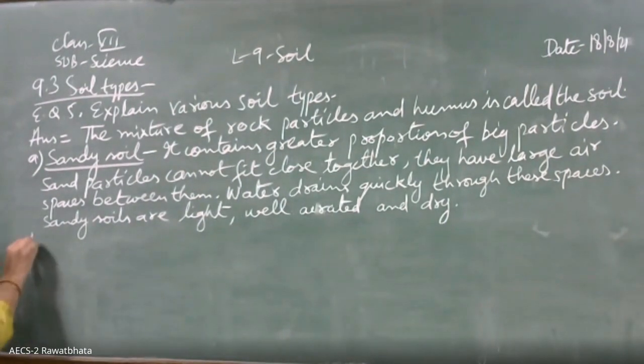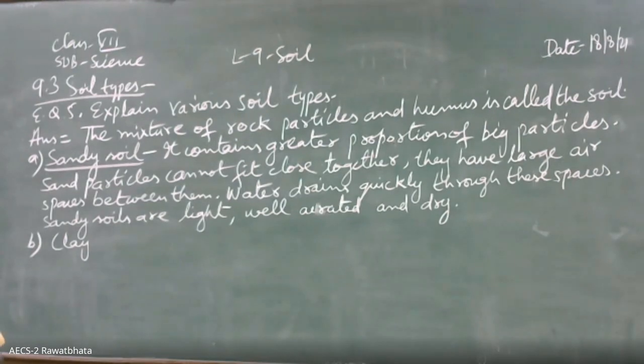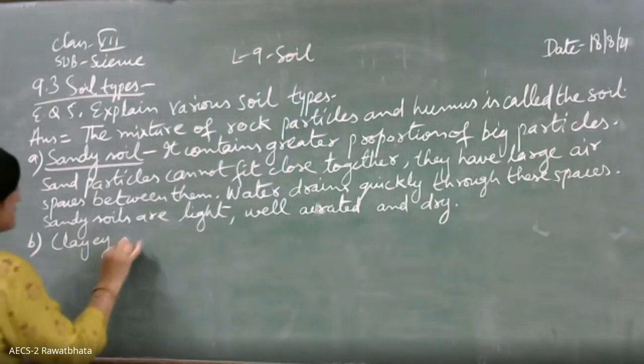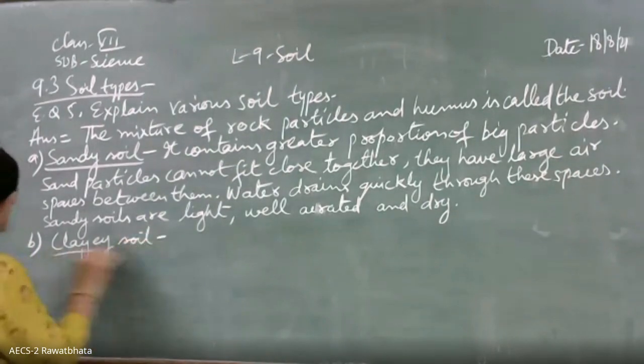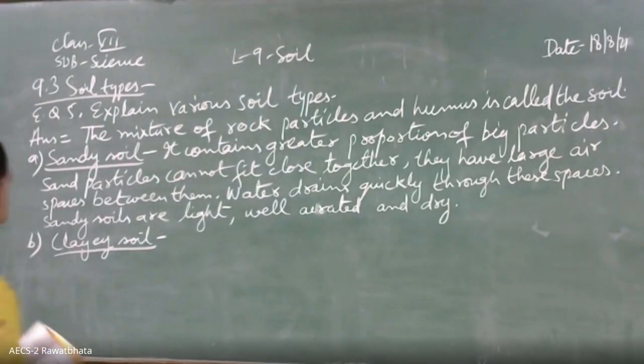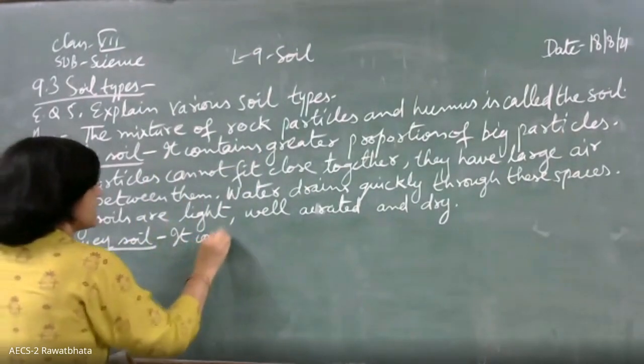Now we'll be writing for the second type, that is the clay soil. How to write the spelling? You write C-L-A-Y first and then E-Y. Clay soil. It contains, in the same language I'm using here, the first line gives the definition.